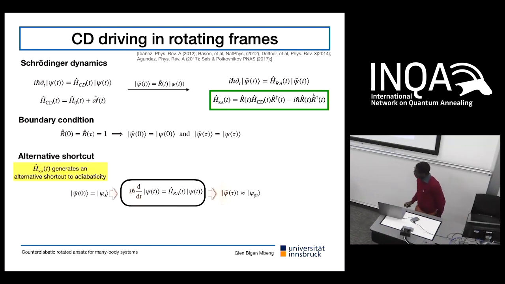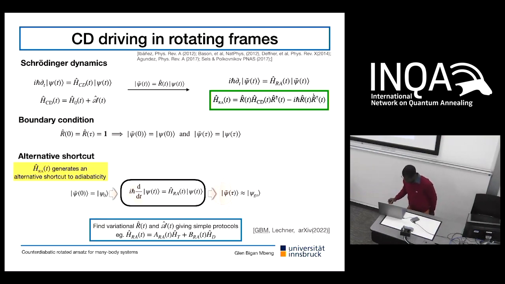This defines an alternative shortcut, an alternative way to get from the initial state, which now will coincide with our psi0, to the target state, or to the approximate target state. We use some approximate method, or we had some errors to get there. And the main thing is that in this kind of approach, we have to play a game.